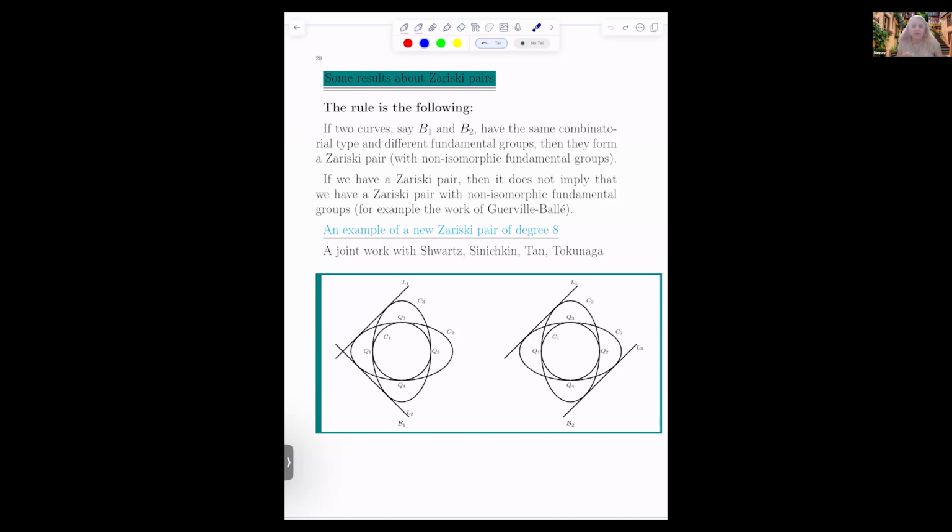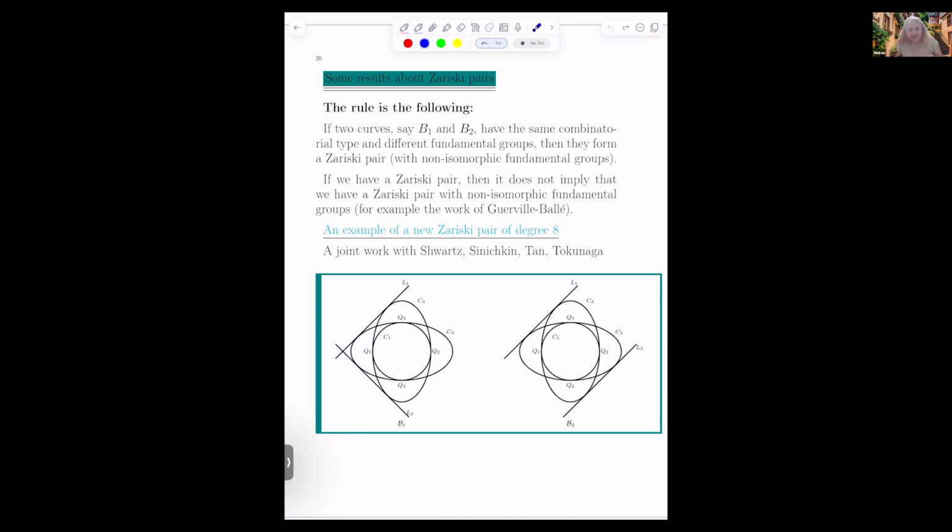It just means that at least you classify in a way that maybe you can find Zariski pairs. You also cancel some cases that are the same as other ones. Sometimes when you try to classify, you reach the same picture. Probably some of you tried to do things like this.